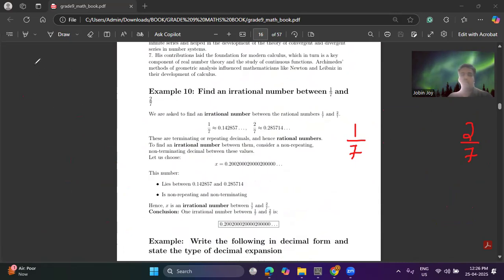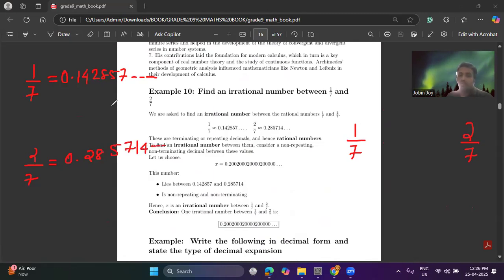So we know what is 1 by 7? 1 by 7 is equal to 0.142857, etc. Okay, what is 2 by 7? 2 by 7 is equal to 0.285714, etc. I can take 1 by 7 as 0.142857 and 2 by 7 as 0.285714. Okay, so these are non-terminating, non-repeating decimals.